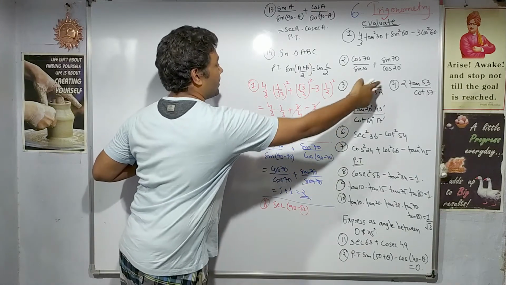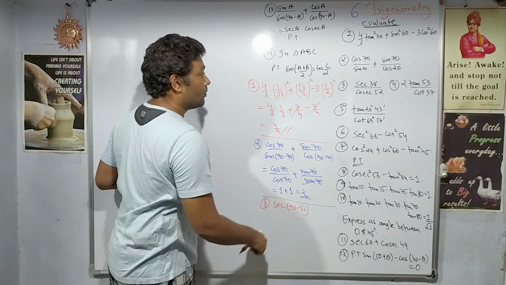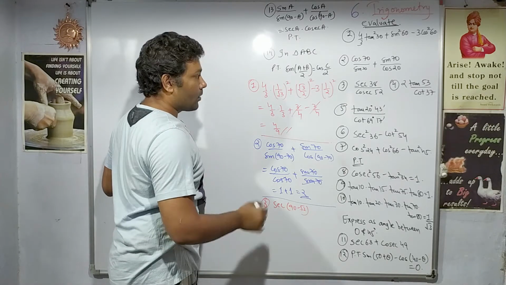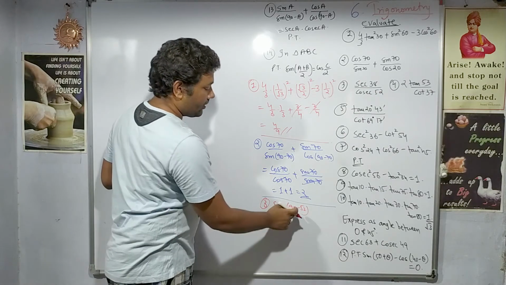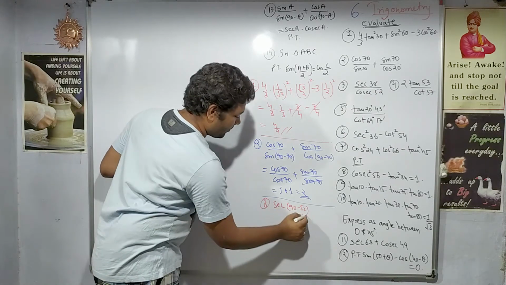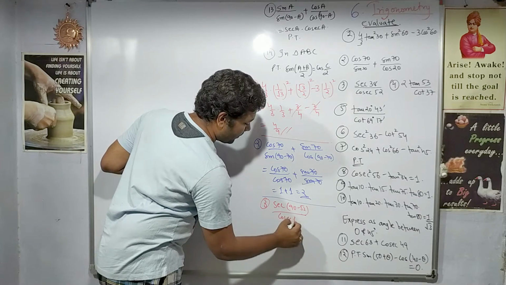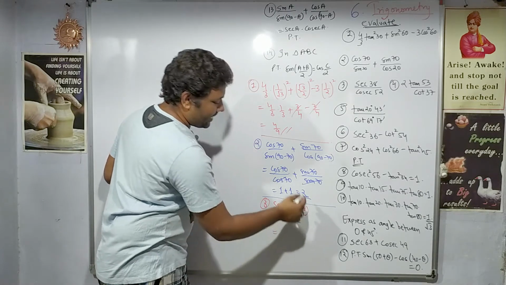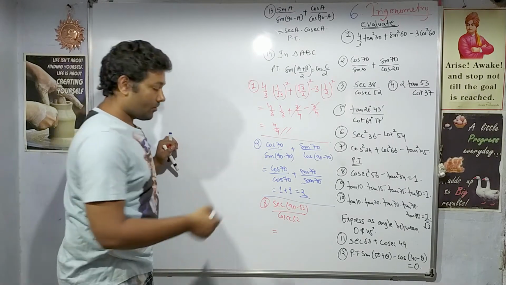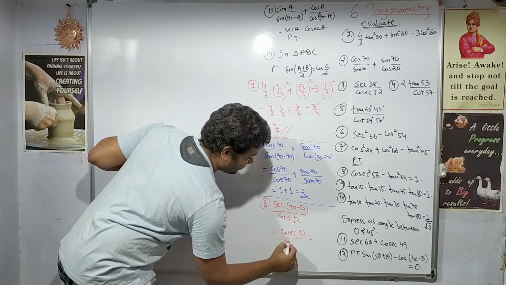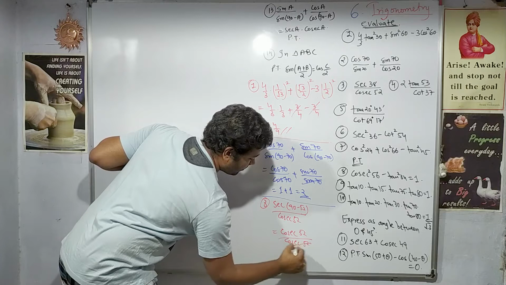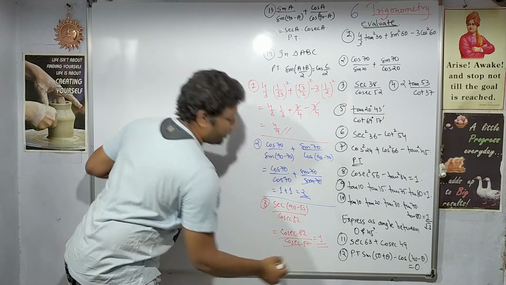So 38 can be written as 90 minus 52. Denominator is cosec 52. What is sec 90 minus theta? Cosec theta. In place of theta we have 52. So the answer is 1 here.